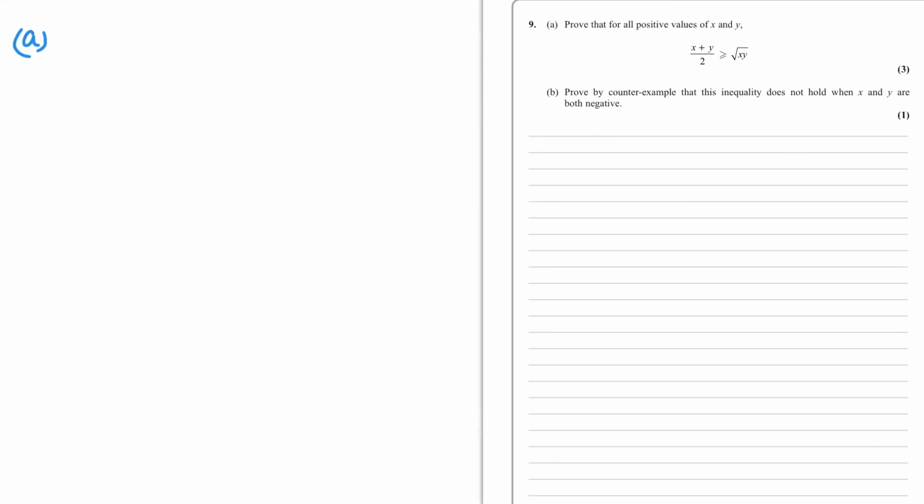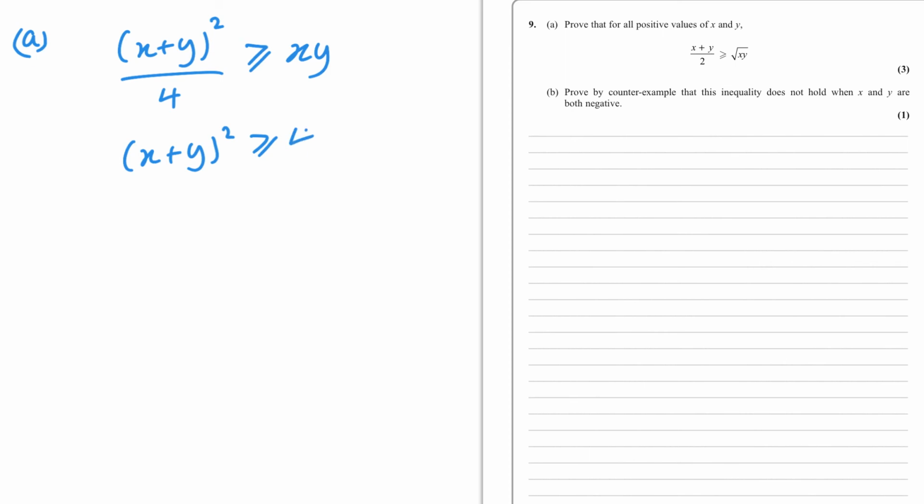Let's start by squaring both sides. So (x plus y) squared over 4 is greater than or equal to xy. So (x plus y) squared is greater than or equal to 4xy. Let's expand. X squared plus 2xy plus y squared is greater than or equal to 4xy.